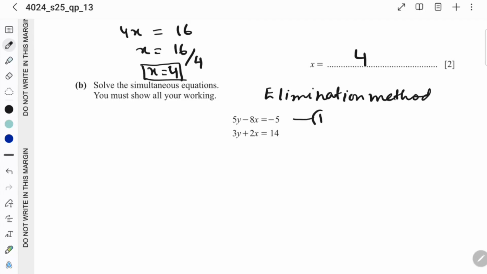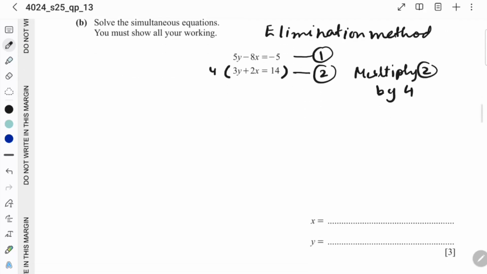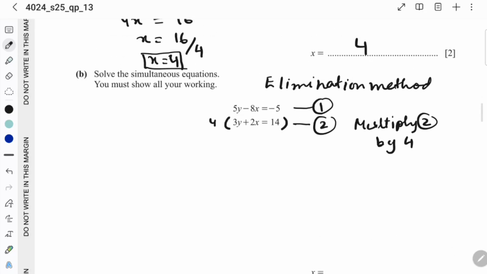We are multiplying the second equation by 4, both sides. This question is a 3 marks question, so show each and everything.